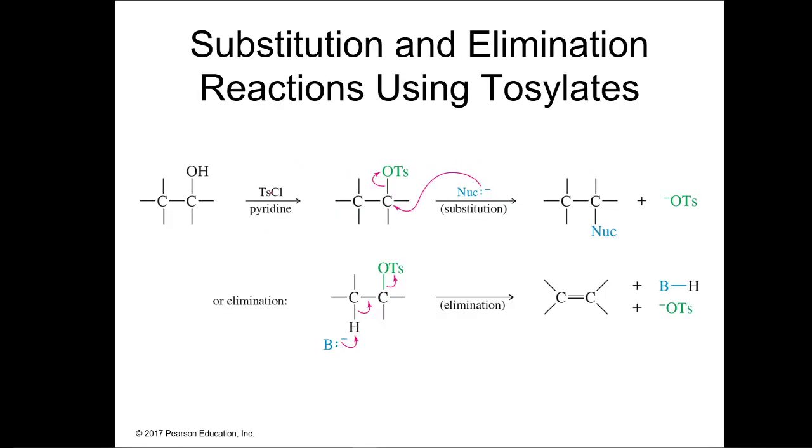You basically treat your alcohol with tosyl chloride and pyridine, okay? And then that converts it to a tosyl group. Then you can have nucleophilic substitution because a tosyl group is a really great leaving group. You can also have elimination if you put it in a base. So this is a way to set up an alcohol for either a substitution or an elimination.